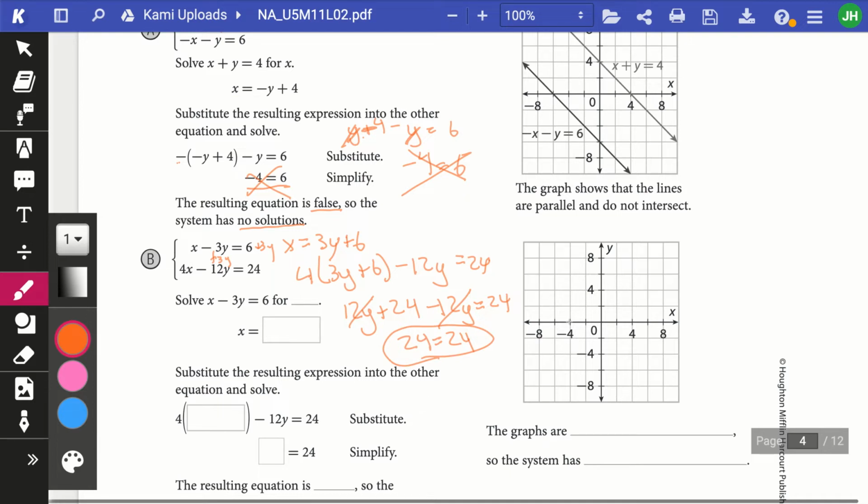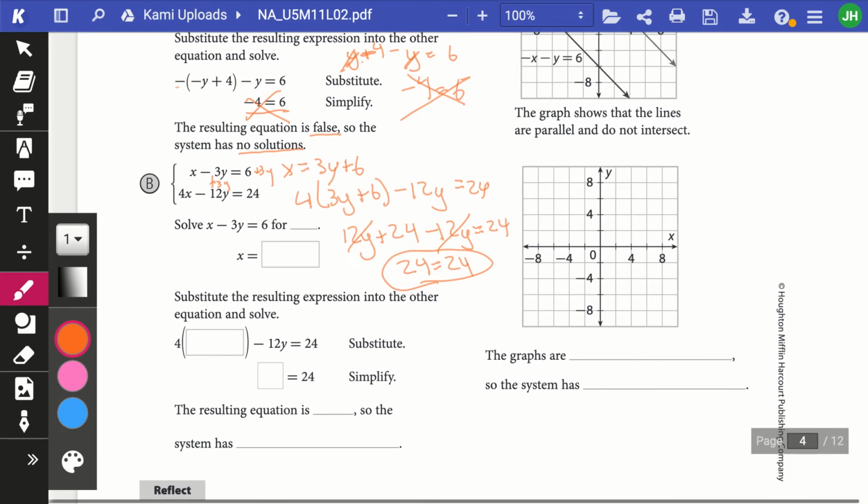So these graphs are dependent, and they are the same line.